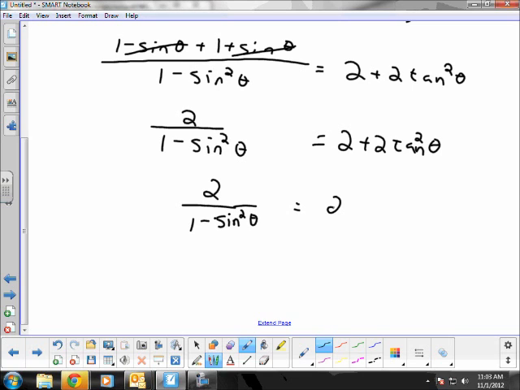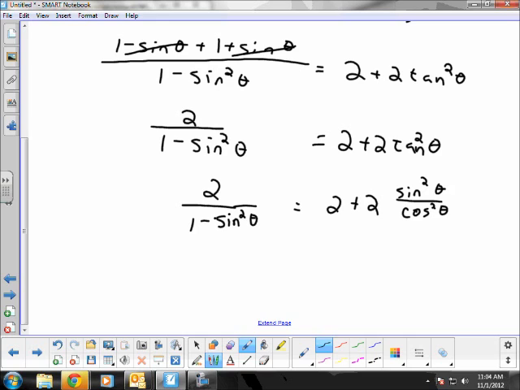And so that becomes 2 plus 2 times the sine squared over the cosine squared. So what I want to do there, maybe get a common denominator.